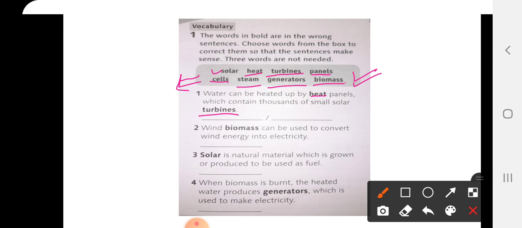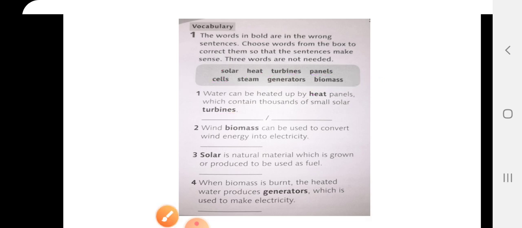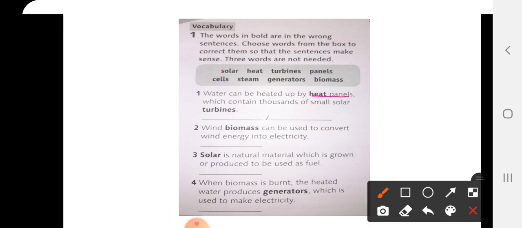Is it correct to say heat panels? No. We don't say heat panels. We say what? We say solar panels. Right? So the first one here we have to write solar.